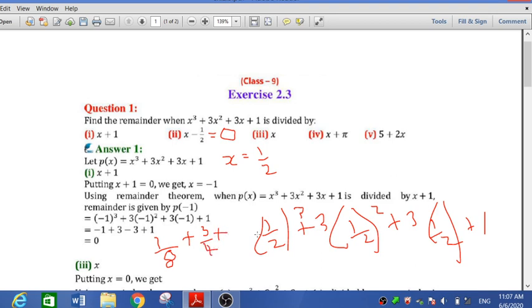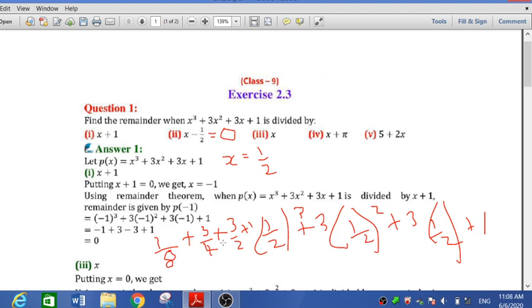Plus 3 ones are 3, so 3 by 2, and last plus 1. So if we simplify this, 1 by 8 plus 3 by 4 plus 3 by 2 plus 1, we can get some result. So 8, 4, 2, so LCM is 8.